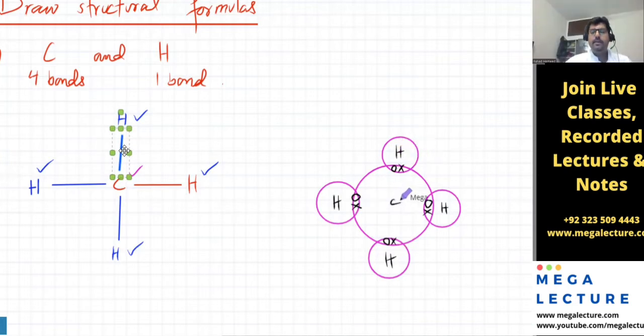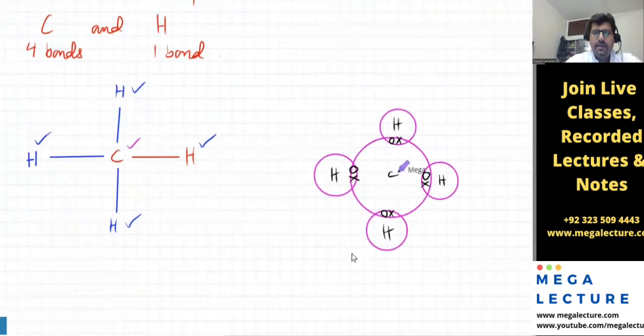That's it. One thing that you should ensure at the end is that each one has a complete outer shell. This one has 8 electrons. This one has 2 electrons, hydrogen's first shell, so it's going to have 2 electrons, right? So now the structure is complete.